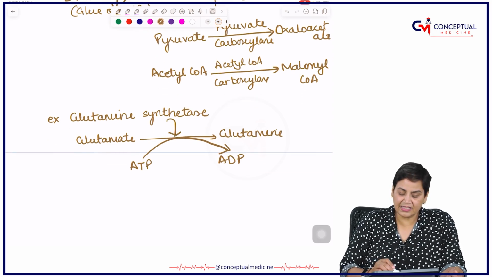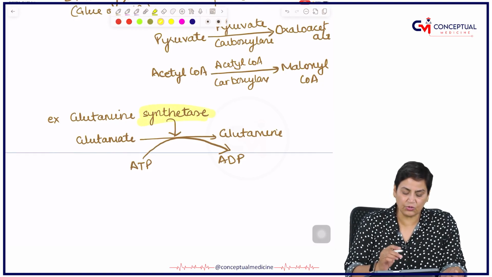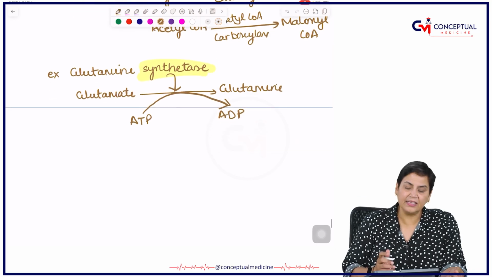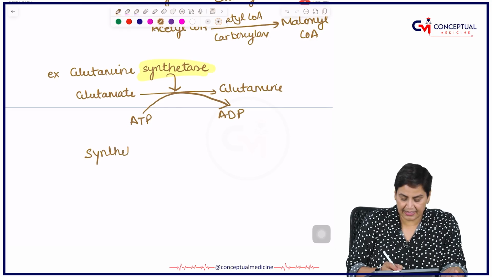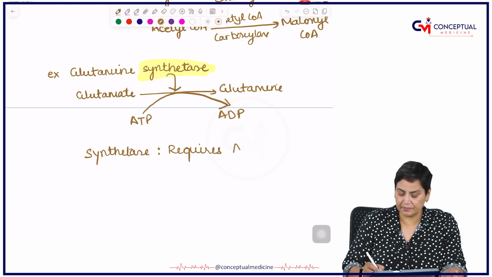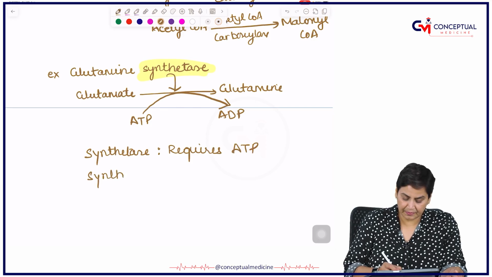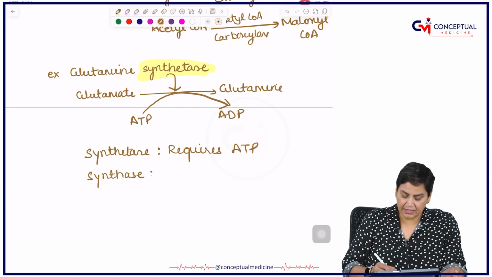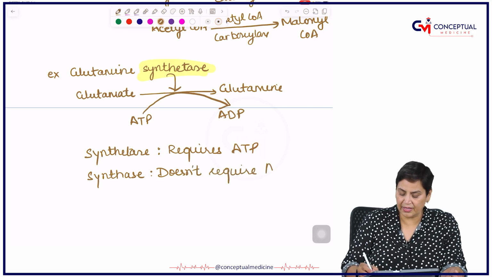So this is synthetase. Sometimes we write synthase. So the basic difference between synthetase and synthase is that synthetase requires ATP and synthase does not require ATP.